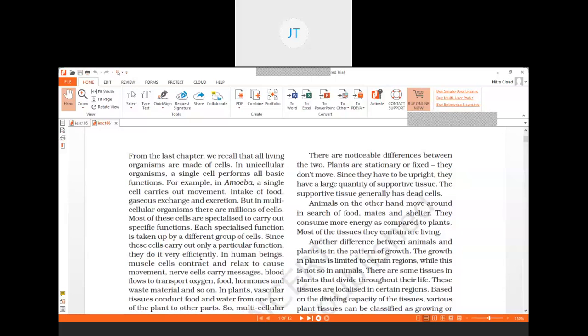It is not like a unicellular organism, where all functions are done by the same thing. It is not there in a multicellular organism, and because of this specialized tissue, they are performing just one function. They do it very efficiently.